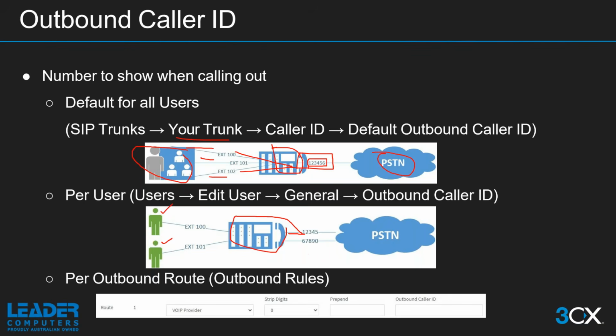So when extension 100 calls, it's going to use its own caller ID to the outside world. The person receiving the call will be seeing 12345 and not what's entered on the trunk level. Likewise, someone making a call from 101 is going to use their own caller ID.